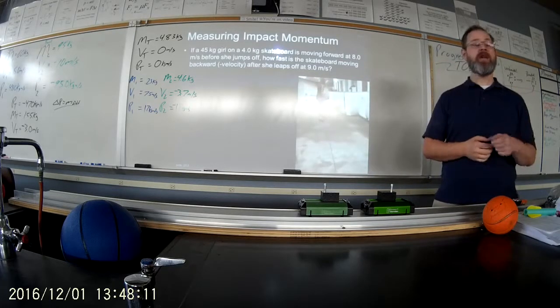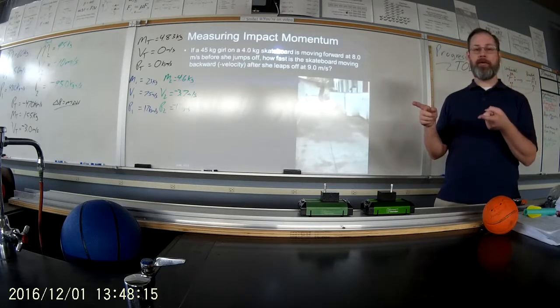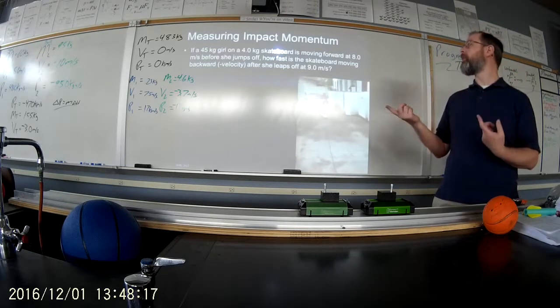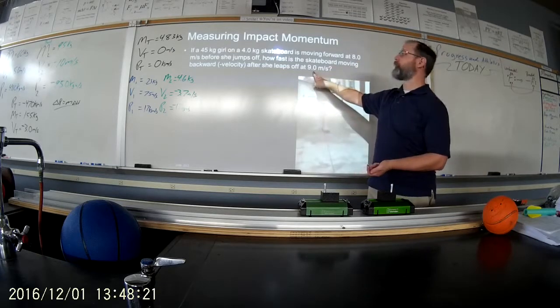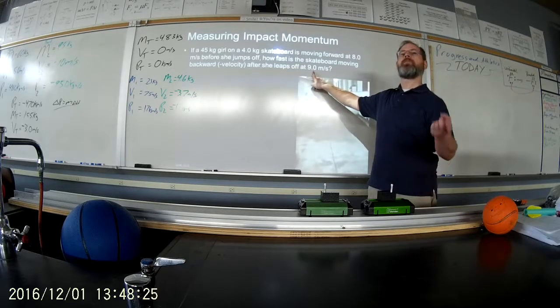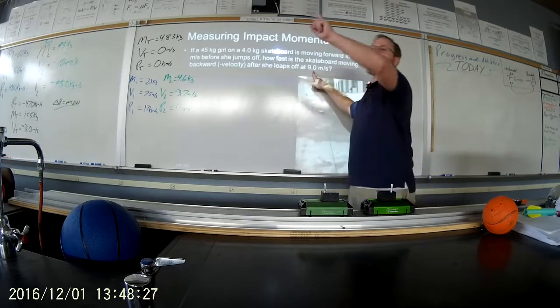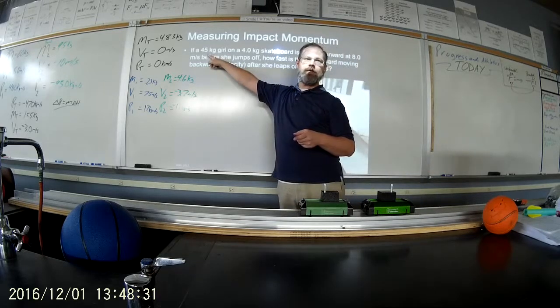Whatever change in momentum she had, that's the same change in momentum the skateboard has. So she increased her momentum by increasing her velocity. She goes from 8 meters per second to 9 meters per second. What's the change of her velocity? Not a trick question. 1. And she has a mass of 45.